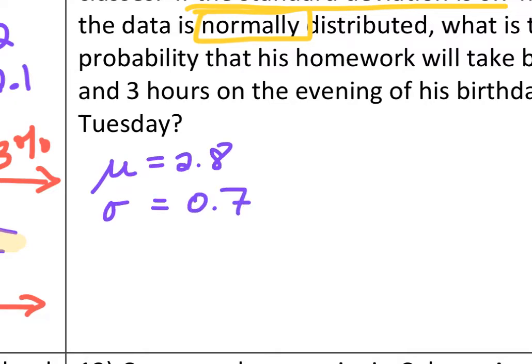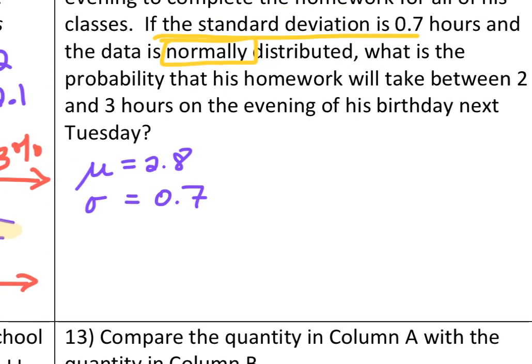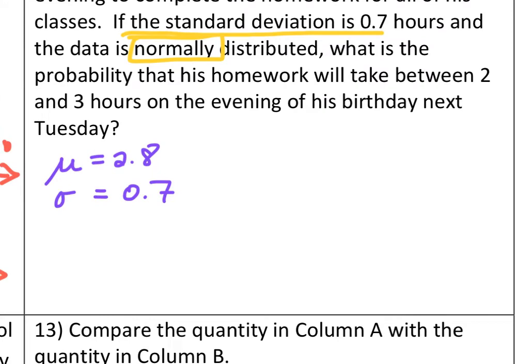And the question asks what's the probability that it'll take him between 2 and 3 hours on his birthday to complete his homework. If you were to add and subtract the standard deviation 0.7 from the 2.8, you get like 2.1 and 3.5, and those numbers, the 2 and the 3 here, don't represent a whole plus or minus 1 or 2 standard deviations.